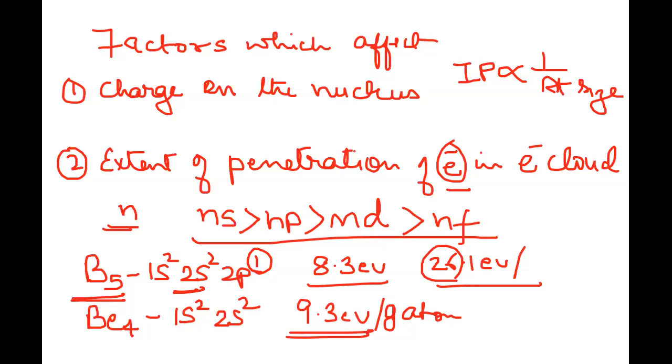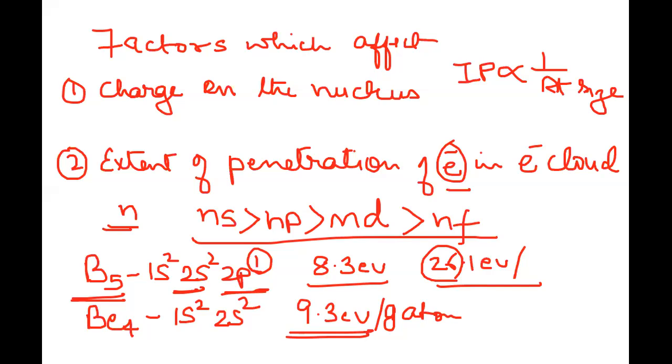Here you can understand two things. Number one, since the electron is being pulled out from the 2s2, obviously the ionization potential is more. Secondly, 2s2 is a completely filled subshell, that means it has 2 electrons, whereas 2p has only 1 electron, so pulling out that 2p1 electron is much easier, and therefore the value for boron is less.